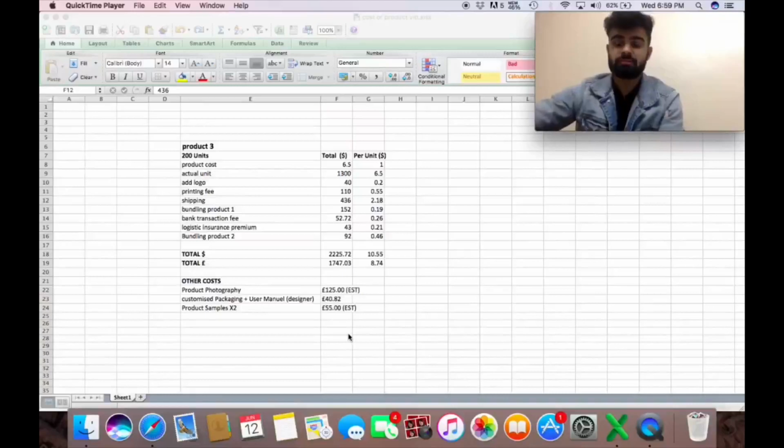I got samples from 2 suppliers, which I narrowed down to one, which is this one. The other supplier, I did like it, but they quoted a much higher price for the same quality as this one. So obviously I went for this supplier.